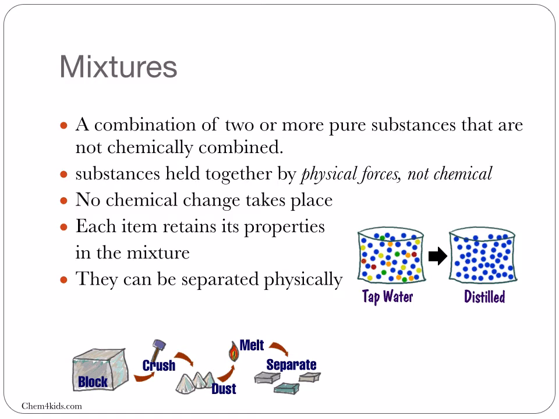So each ingredient that I put in my chicken noodle soup still acts, tastes, smells, feels like the ingredient it was before I put it in the soup. So each item retains its properties in the mixture, and you can separate it physically. Salt water. Your salt is still salt, your water is still water, and then if I evaporate the water, which is physical, I'll separate out the salt.